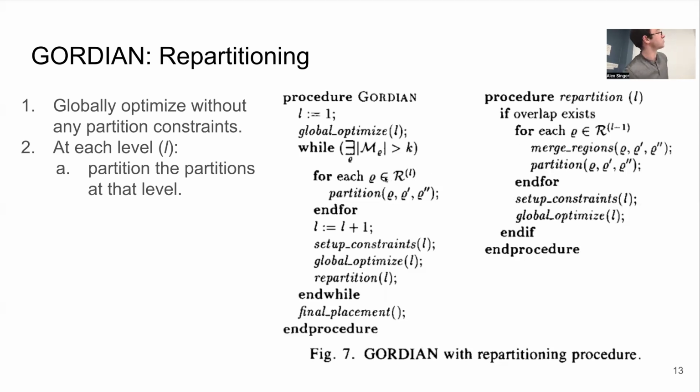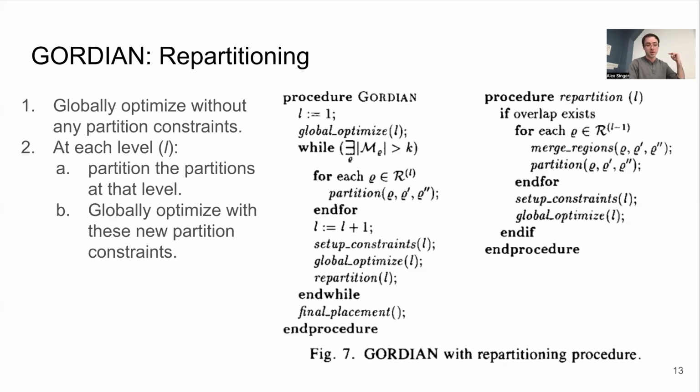What we're going to do is say, okay, for all the partitions that were created, so if I cut this in half, we're going to partition both of those halves. If I've cut it in fourths, it's going to be each of the fourths and so on. So for each of the partitions at that level, following the previous two things I talked about, we globally optimize with these new partition constraints. These get added together, basically.